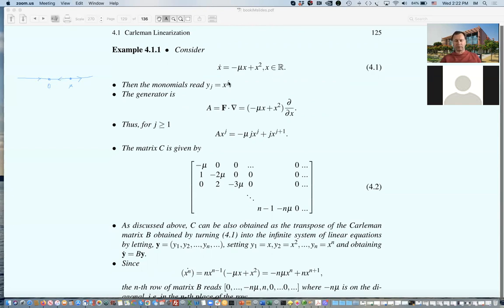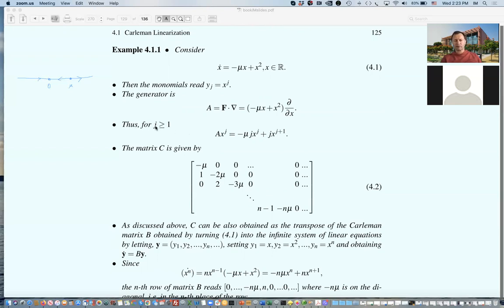So we order monomials as 1, 2, 3, 4, and so on by the power. And so the generator, let's write it out. The operator A is f dot grad, so that's minus mu x plus x squared times the partial with respect to x. So we have just one coordinate.